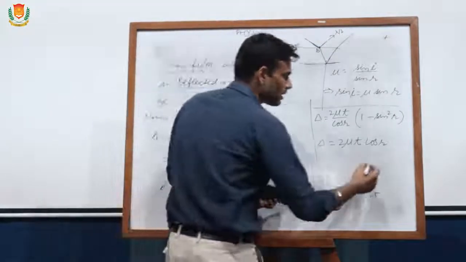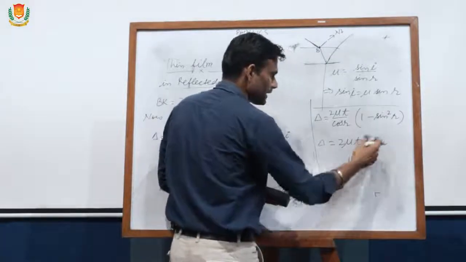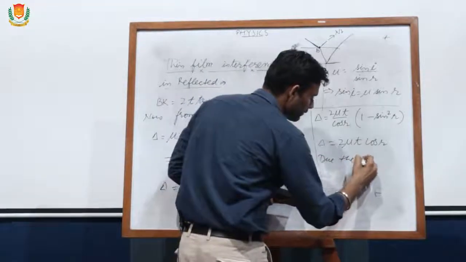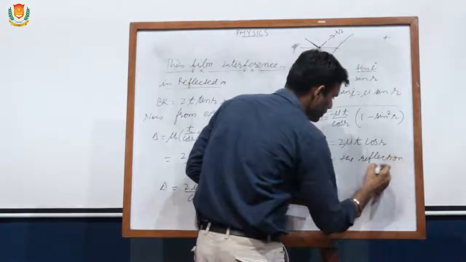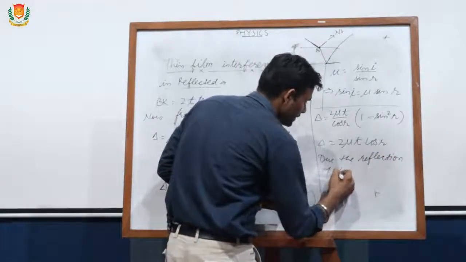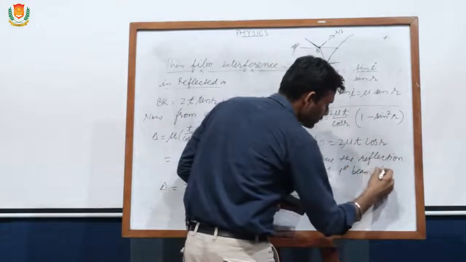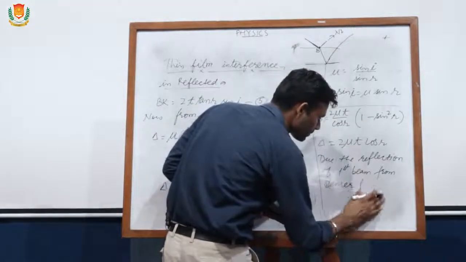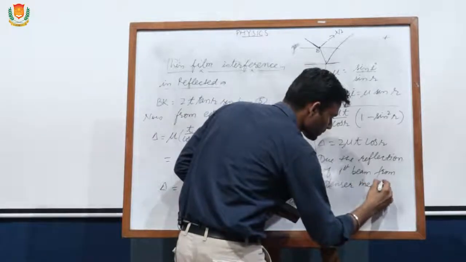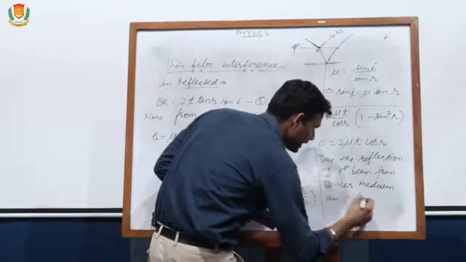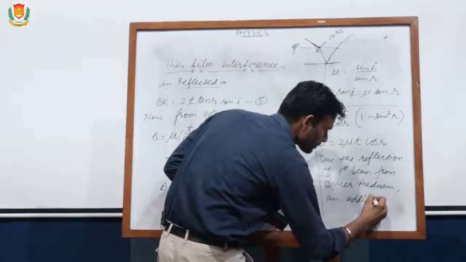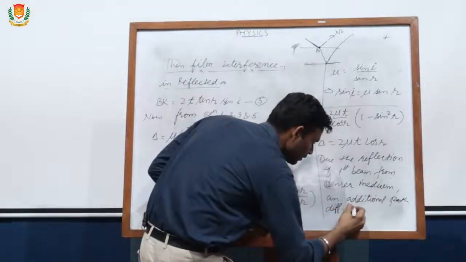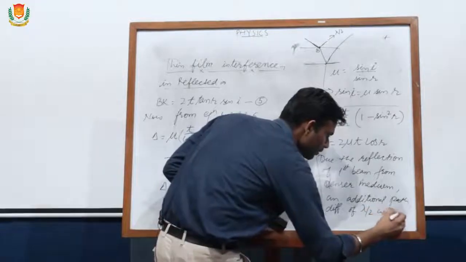We will put it here. In addition, we can write it as: due to the reflection of the first beam from the denser medium, an additional path difference of lambda by 2 will appear.